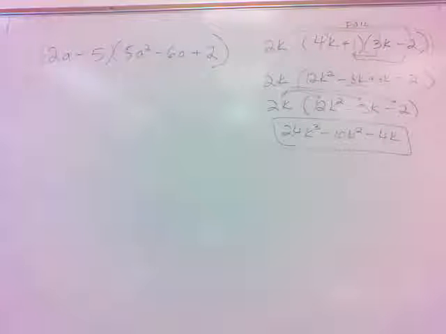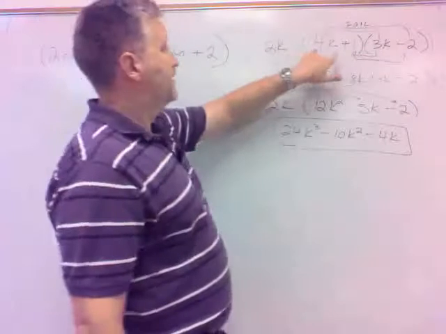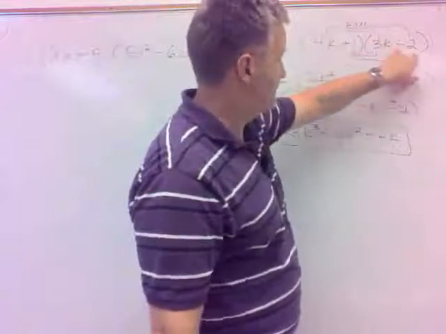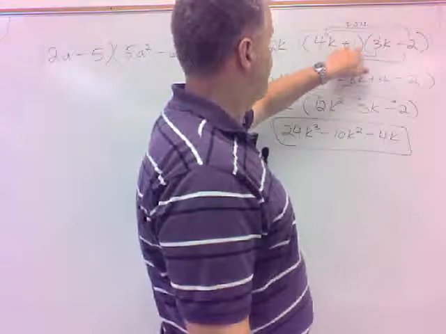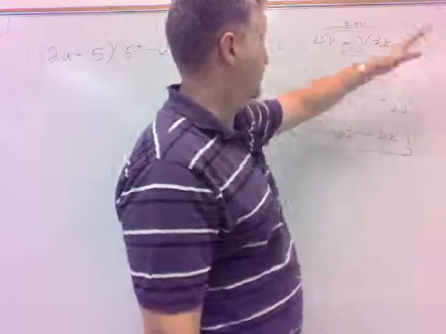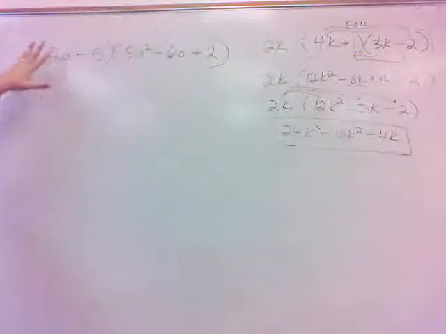Because FOIL is 2 binomials. This is a binomial times a trinomial, but it's FOIL extended, let's call it, because it's the same idea. On your FOIL, like over here, you're multiplying the 4k times these 2, and then you're multiplying the 1 by those 2. That's what FOIL is. Well, same thing can be said here.